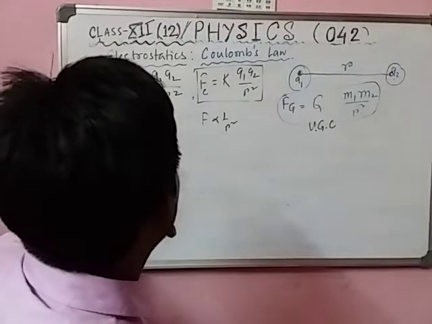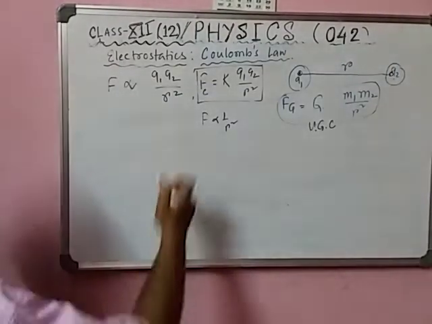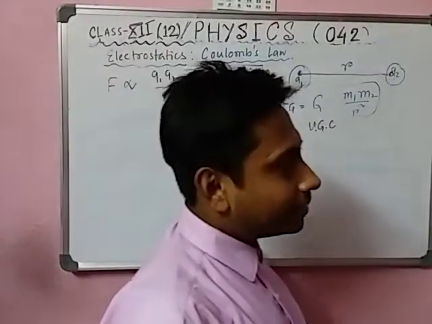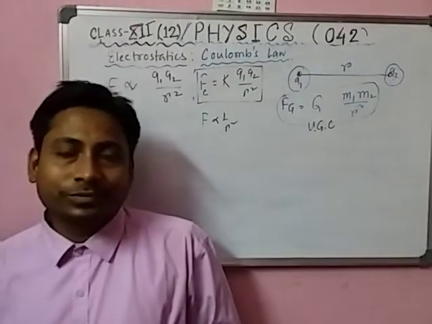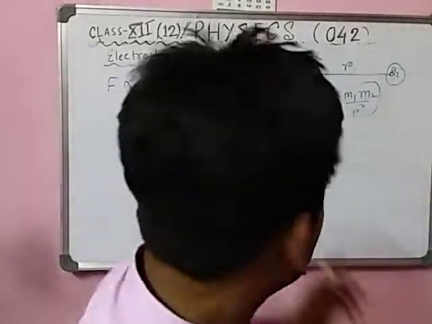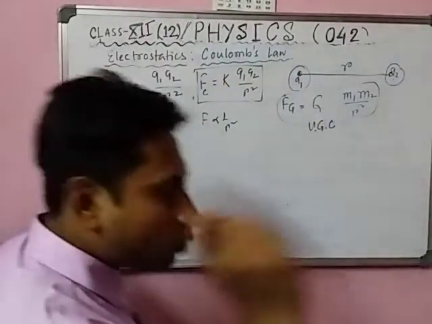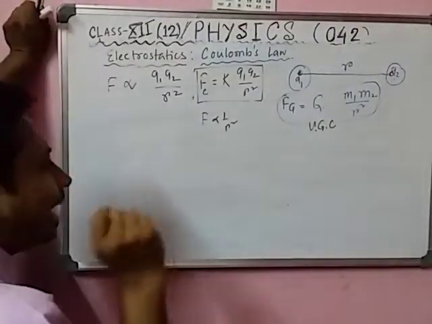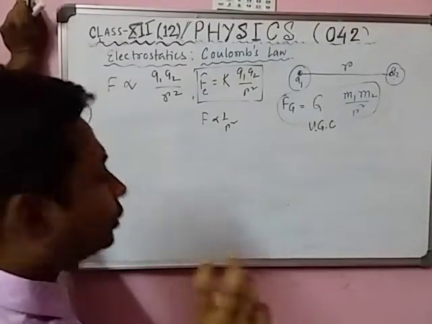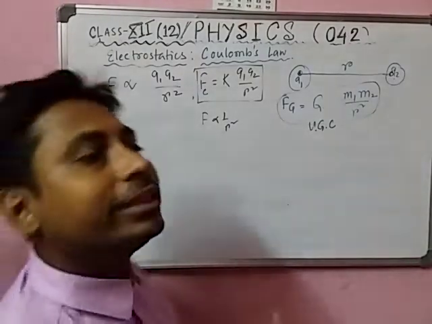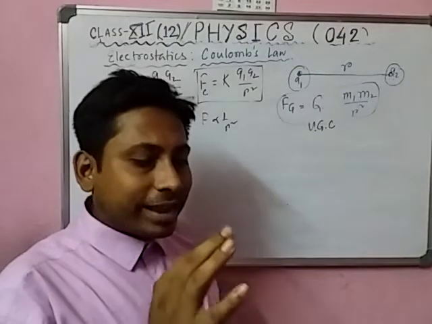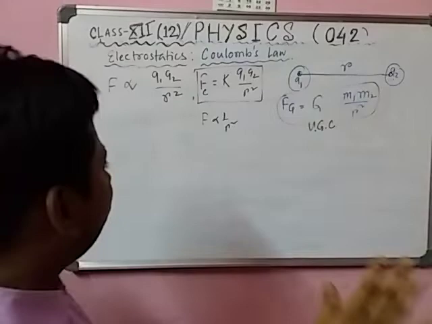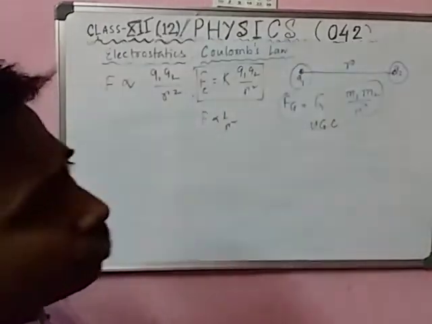And the third point: is Coulomb force the strongest or is gravitational force the strongest? Yes, Coulomb force is the stronger one, because in the nucleus the proton-neutron attraction is the strongest attractive force in the universe, the nuclear force. So nuclear force is a kind of Coulomb force.